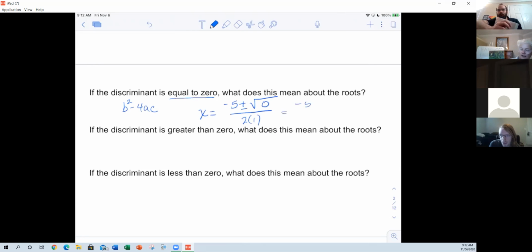We'd have -5 over 2, right? How many roots is that? Oh, okay, so there's 1. 1 root, right. And what kind of root is it? Is it real or imaginary? It's imaginary because it's negative.